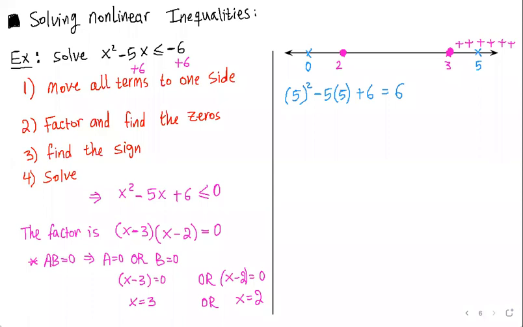Let's plug the 0 inside the formula. 0 squared minus 5 times 0 plus 6. What do I get? 6. And what's the sign for the 6? It has a positive sign. So this means any number I pick here will give me positive.